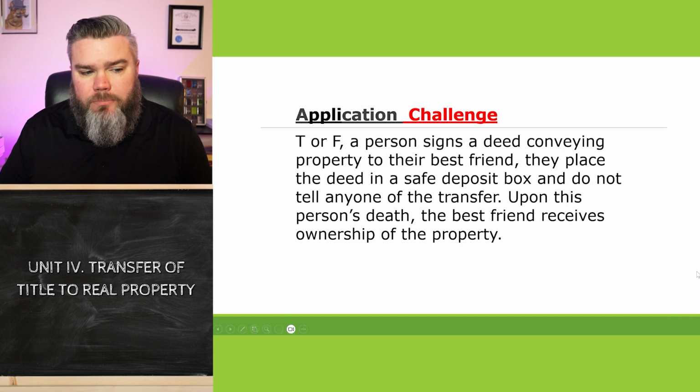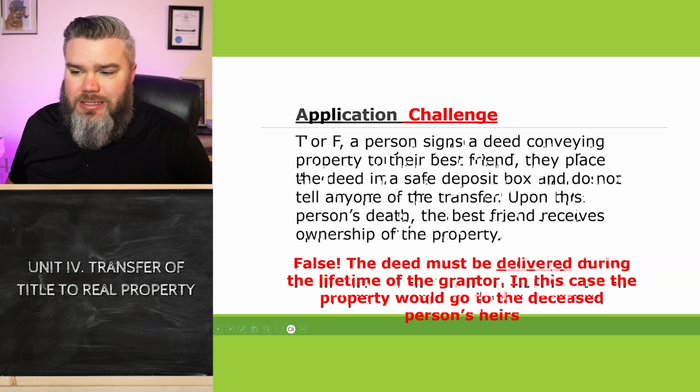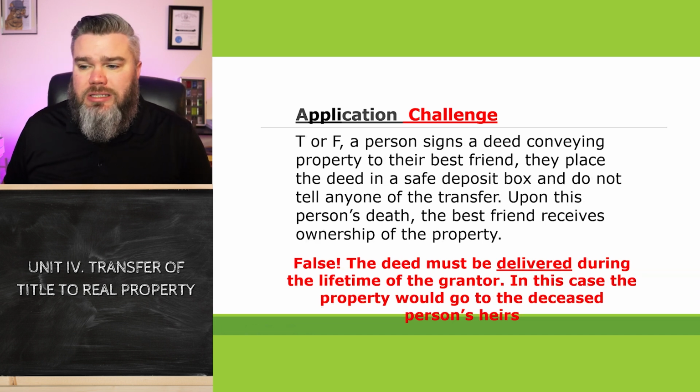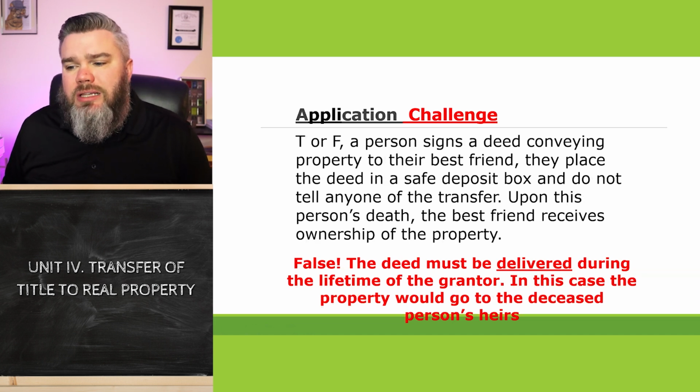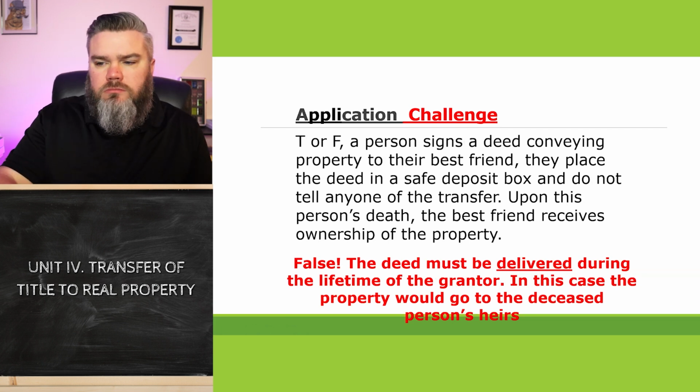There you go. False, folks. Remember, delivered and voluntarily accepted, and this did not end up being delivered or voluntarily accepted. It's missing that one essential element that would prevent it from being valid.